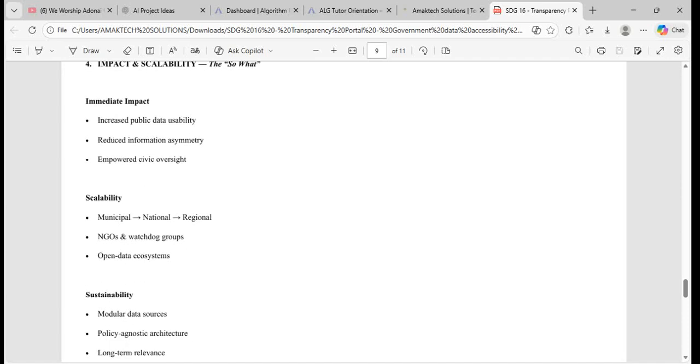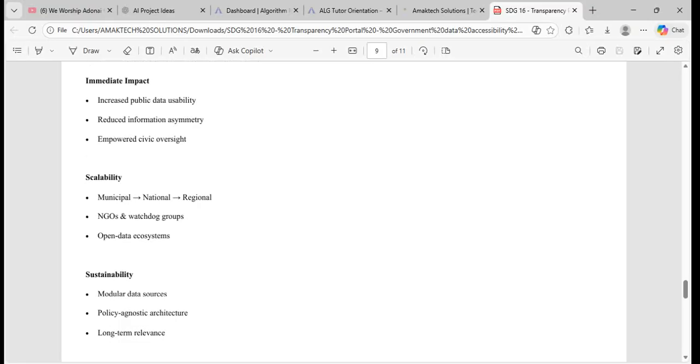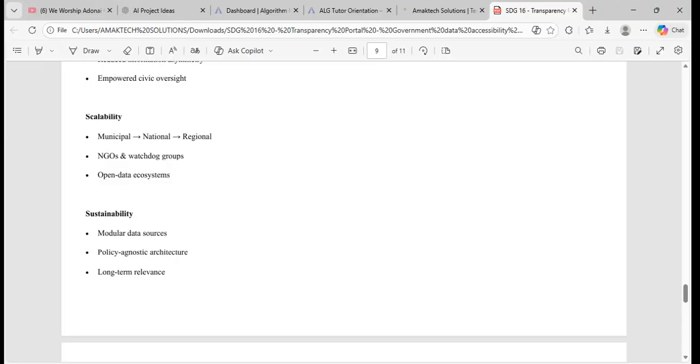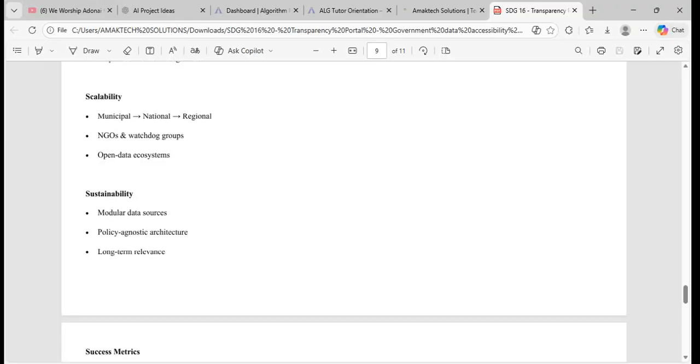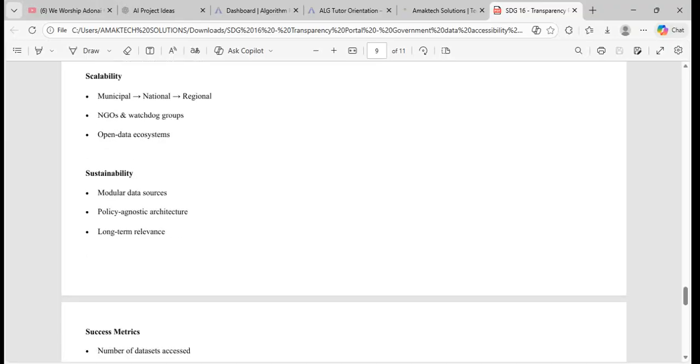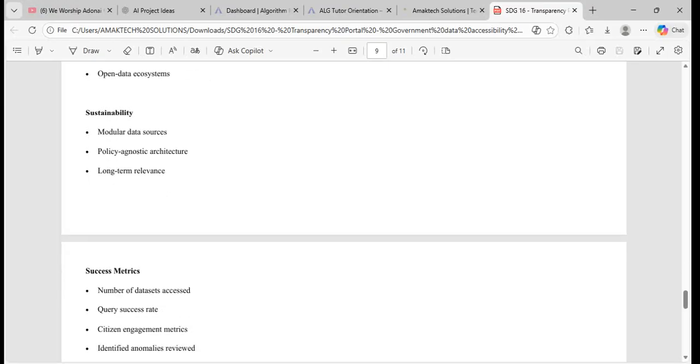Scalability: municipal, national, regional, NGOs and watchdog groups, open data ecosystems. And then sustainability: modular data sources, policy-agnostic architecture, long-term relevance.